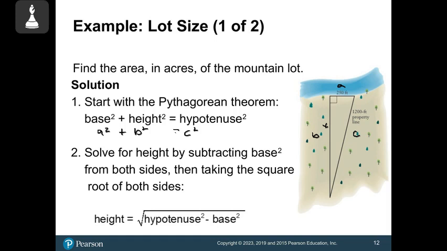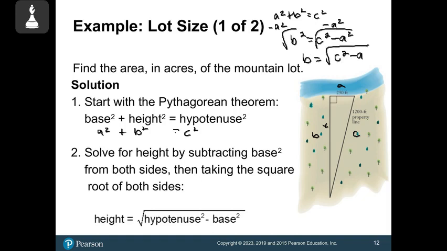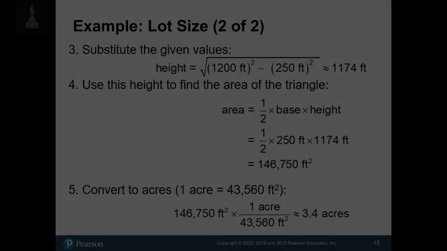So what we can do is we can rearrange this formula by moving some things around. So if a squared plus b squared equals c squared, we can move a squared to the other side by subtracting. B squared equals c squared minus a squared. And then to get b, just b, to undo a squared, we square root both sides. So b is the square root of c squared minus a squared, which is exactly what we have down here.